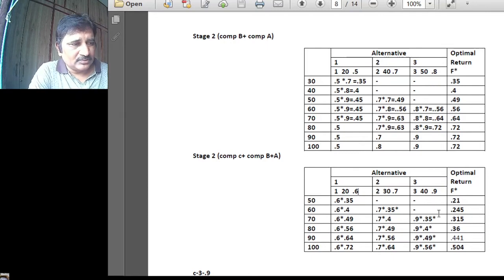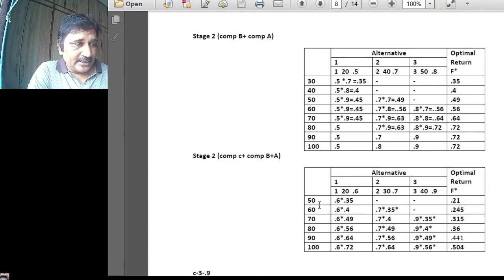You complete the calculations. Then the second alternative won't be available to you until you have, now see, this requires 30 rupees, and in the previous stage you have the minimum state of 30 rupees. So 30 plus 30, 60. So your state must start from 60 rupees for the second alternative, right?